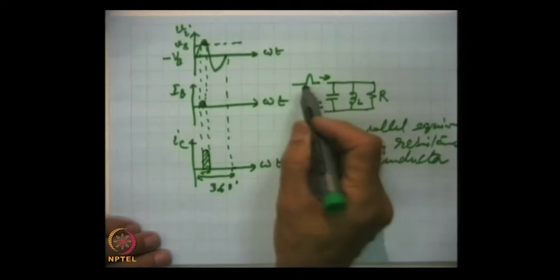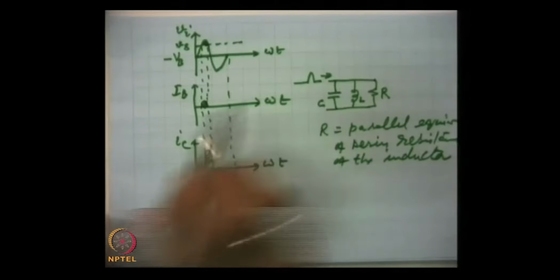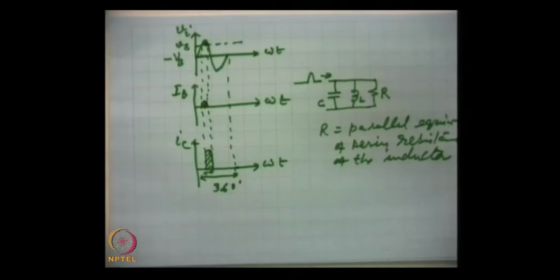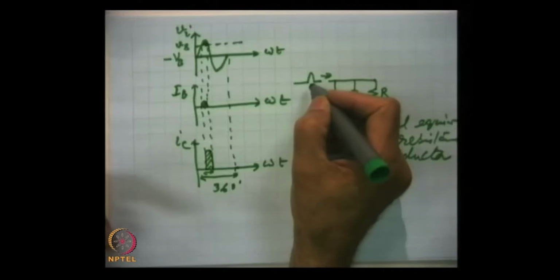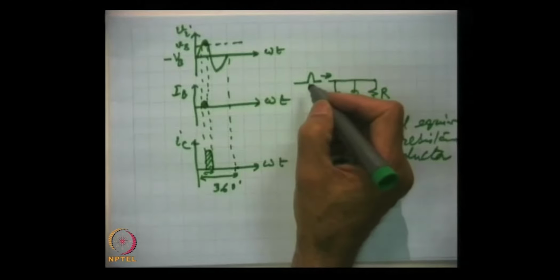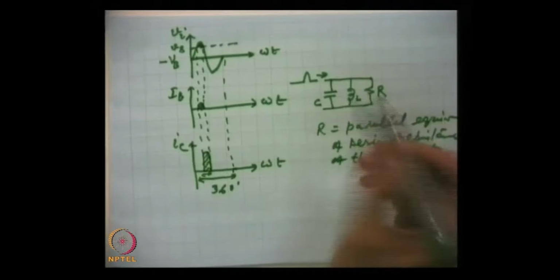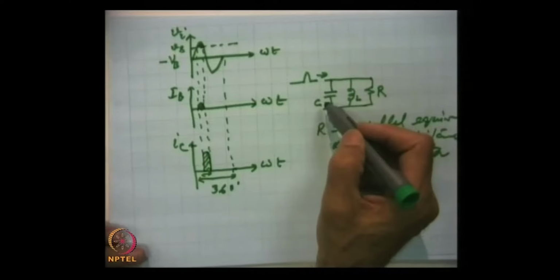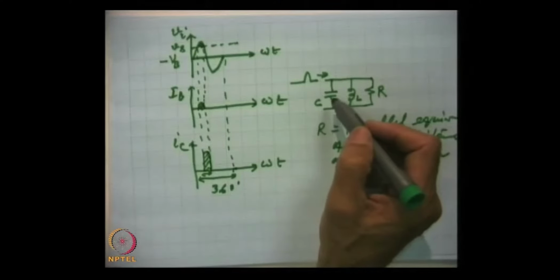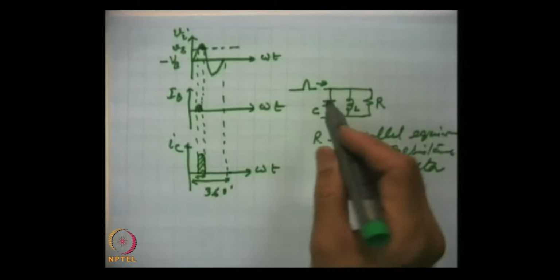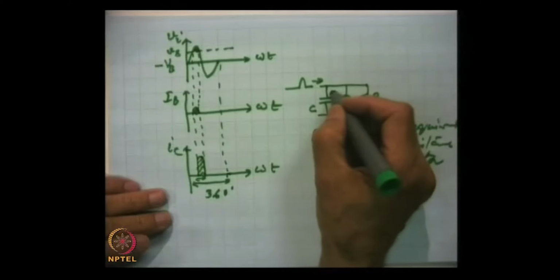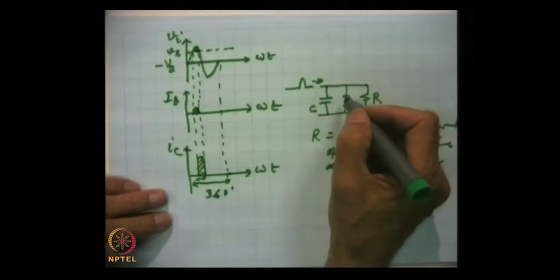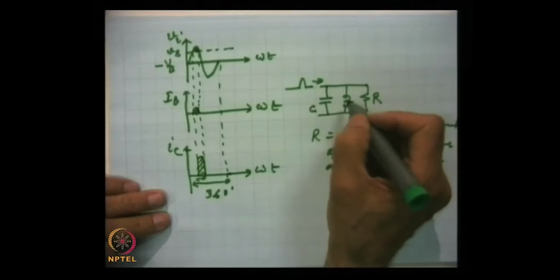So, this current pulse strikes. A short current pulse is like a high frequency signal, because the inverse of this time is the frequency. So, shorter is the pulse, higher is the frequency. So, for that the capacitor will act as a short circuit, and the current will flow through the capacitor, and the inductor will appear as a large impedance.